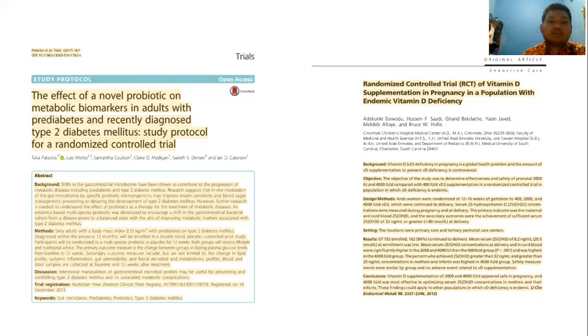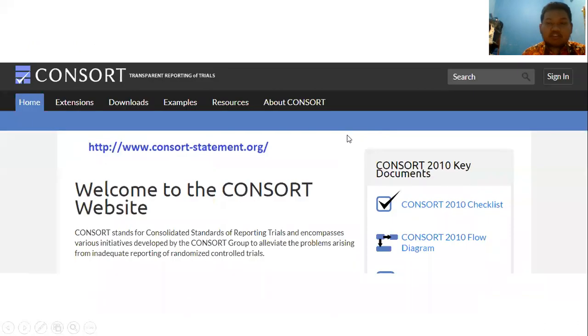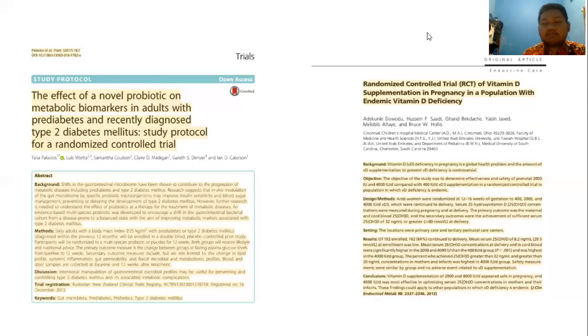We must know the study protocol, and to identify, we can only use the journal on the right side because it has a result and conclusion, and the study protocol doesn't have a result and conclusion. So this is my short explanation about what CONSORT and the items are. So let's check it out to identify.